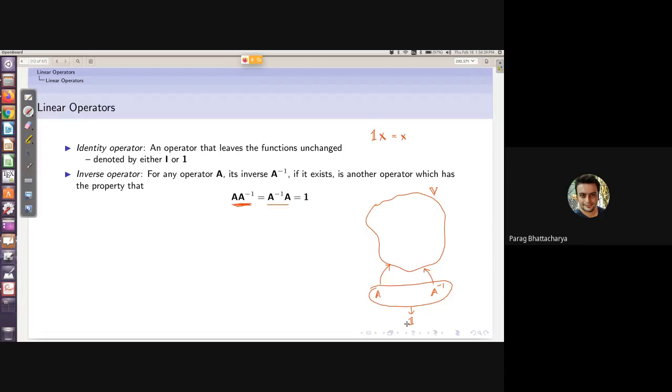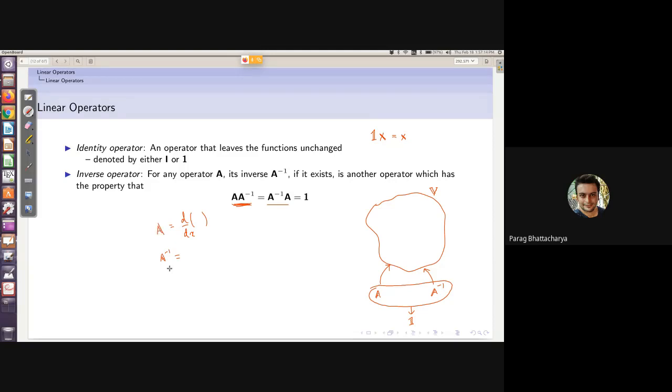An example of this is A being d/dx. Then what will be A inverse? This is an operator, so you put the function here. What will be the inverse of d/dx? The operator A is defined as the derivative.